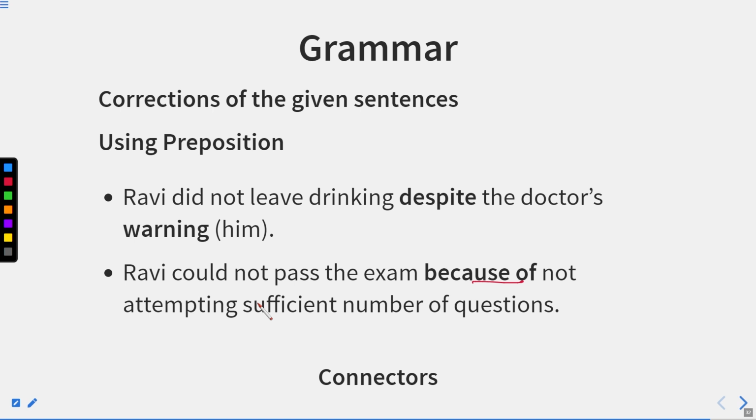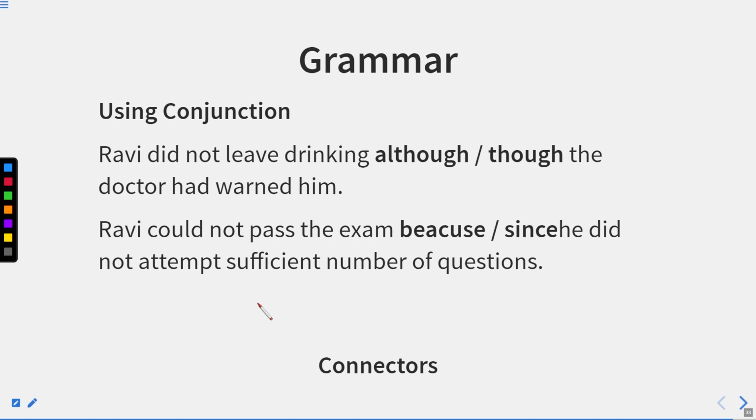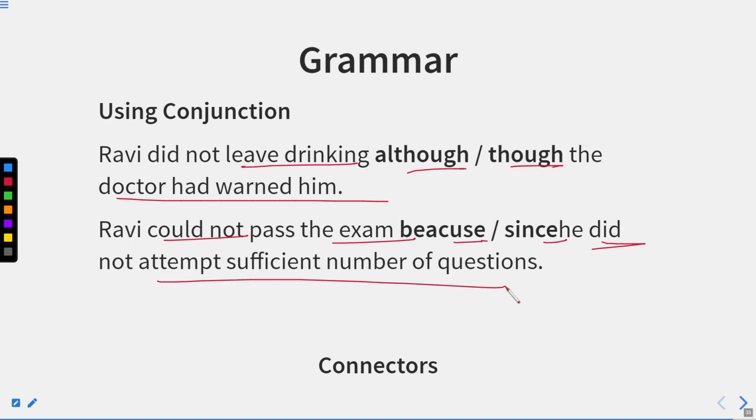So these can be the structures of making the sentence with the help of preposition or conjunction. Ravi did not leave drinking, although or though the doctor had warned him. Ravi could not pass the exam because or since he did not attempt a sufficient number of questions. So these can be the structures of rectifying those sentences that we have read earlier.